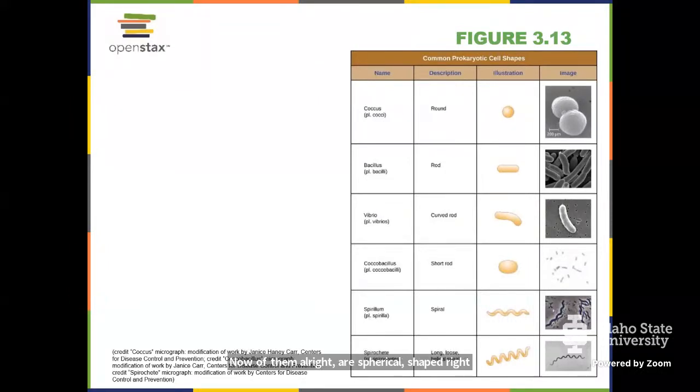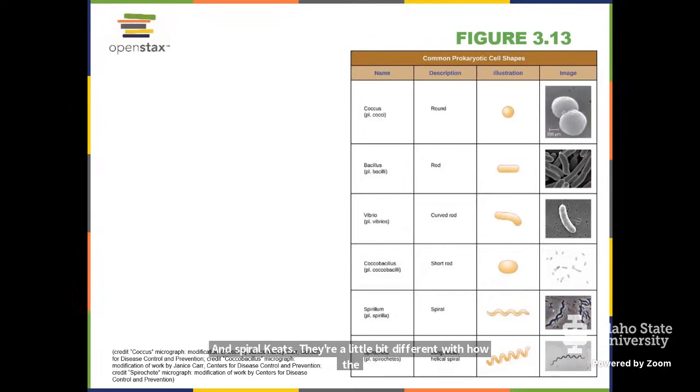And as far as the flagella go, really it's the bacillus or the rod-shaped, and the vibrio as well, that have flagella. The cocci, the spherical ones, don't have that for their movement, right? And spirochetes, they're a little bit different, with how the flagella is kind of twisted around their body to make them corkscrew-like, right? So you don't really see it, but it's there as these axial filaments.